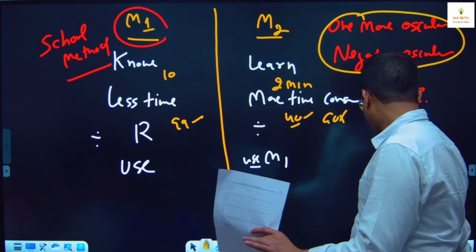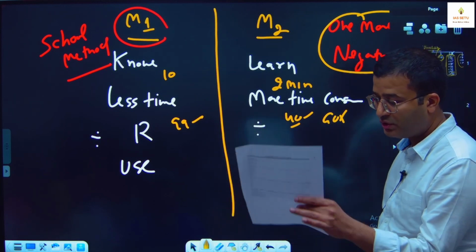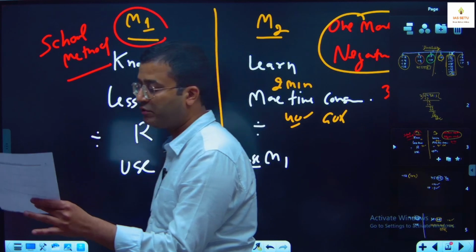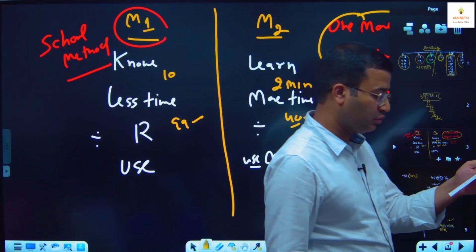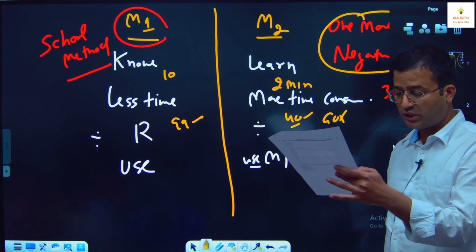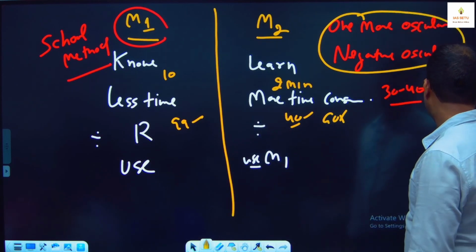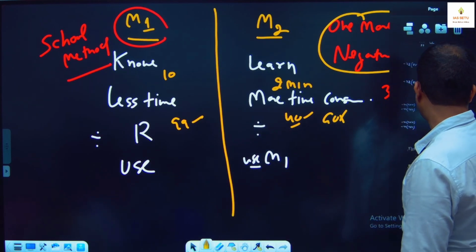Okay. Now here you got this handout. There are 2 questions based on divisibility of 7 that have been asked in previous year 2021. Question number 4 and 5. Today's handout question number 4 and 5.